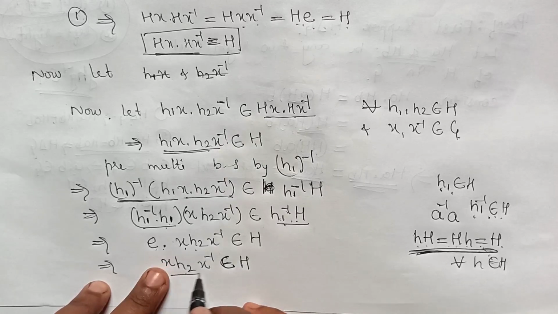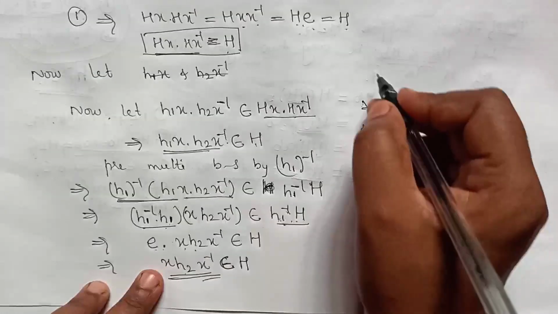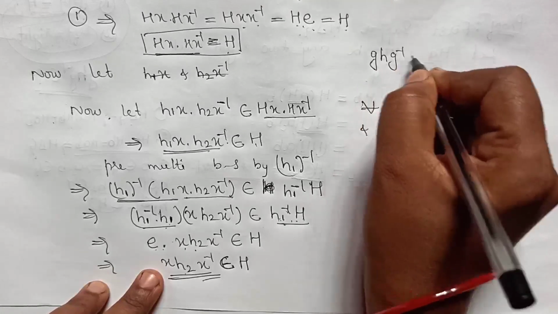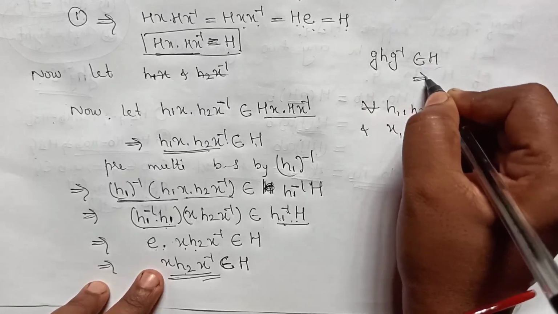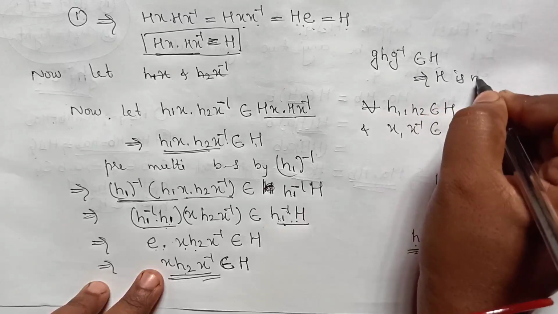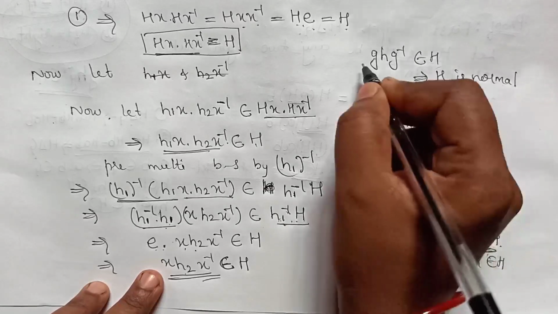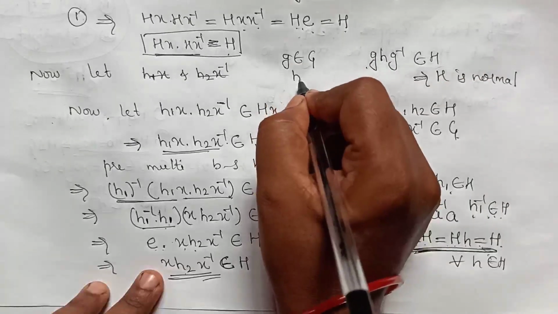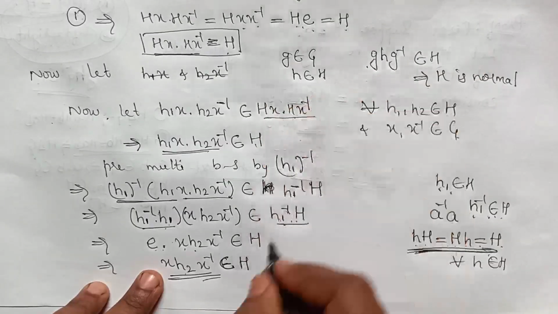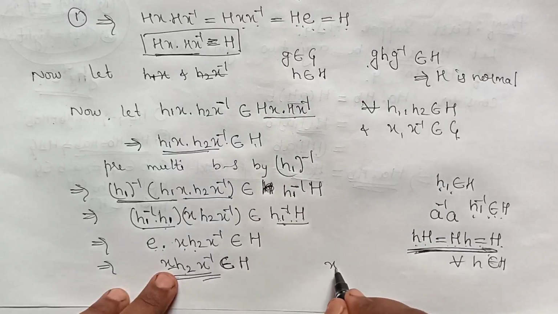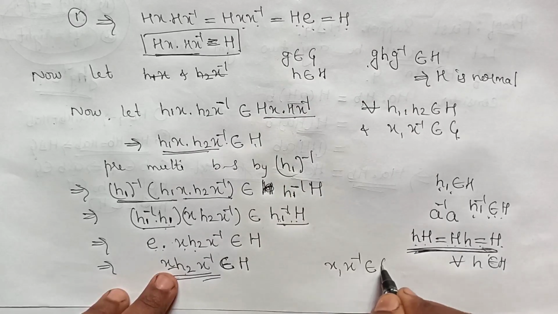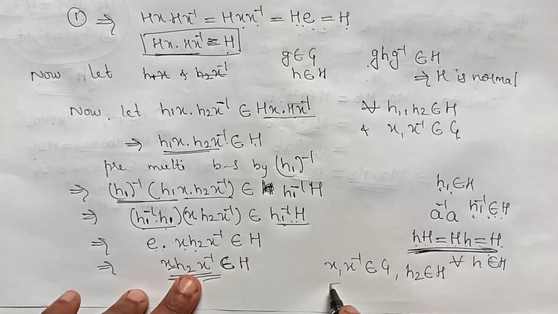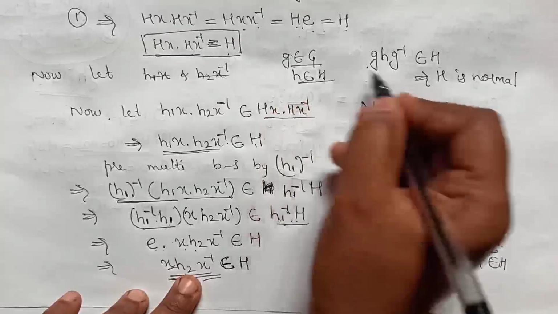So this is by the definition. We know the definition: if g h g inverse belongs to H, then we say that H is normal, where g belongs to capital G and h belongs to H. We know that since x and x inverse belong to G and this H2 belongs to H, these two conditions are now the same.